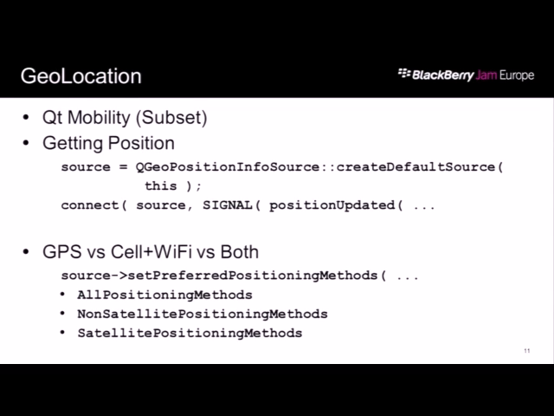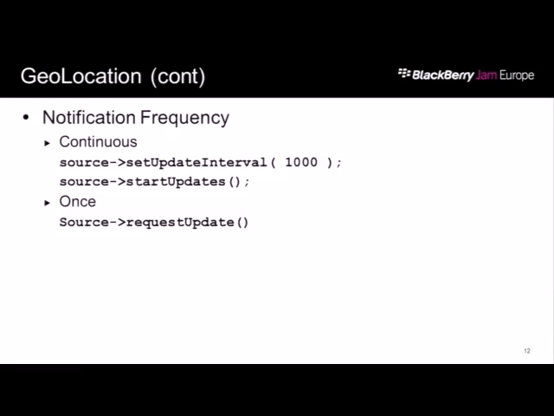Non-satellite is a combination of cell tower, Wi-Fi triangulation, etc. All is a hybrid mix of the two. Do you want a single shot, or do you wish to get continuous updates, and how frequently do you want those updates? All standard part of the Qt mobility infrastructure.